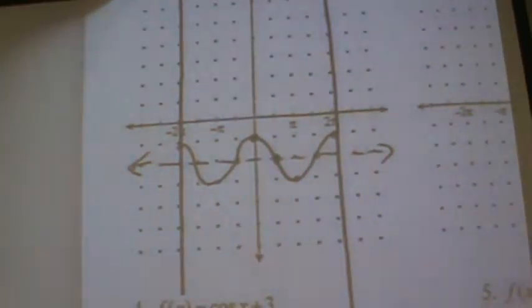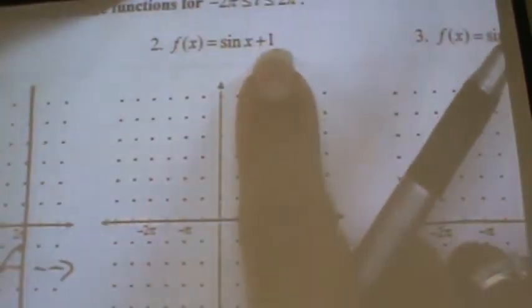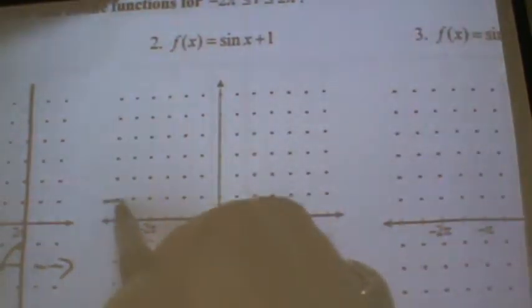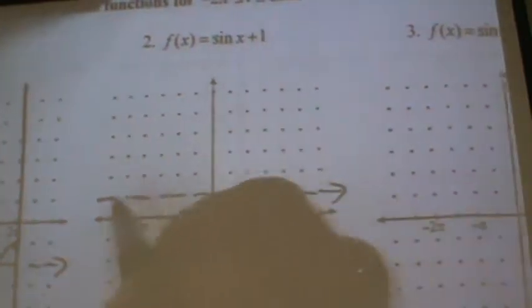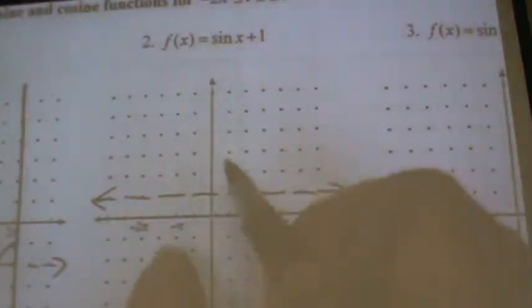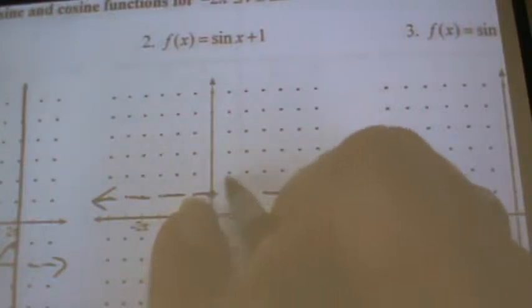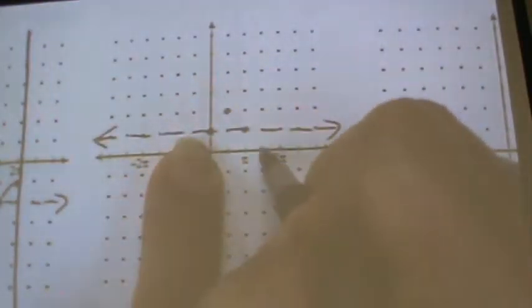Okay, number 2. Where's your new x-axis? 1 above. So you're going to go 1 above. And this is the sine curve with a 1 amplitude. This one looks like a roller coaster. If you were at Cedar Point, you would start here and you go up, and then you go down, down, and back up.